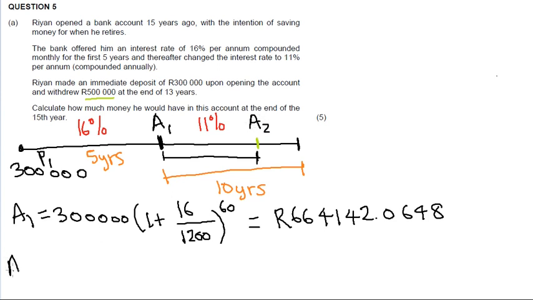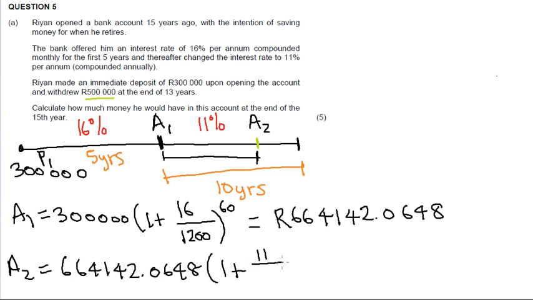So A2 will be equal to the previous amount, which is A1, which was 664,142.0648, into 1 plus the interest rate, which is now 11% per annum compounded yearly, and we're going to grow it for a period of 8 years.